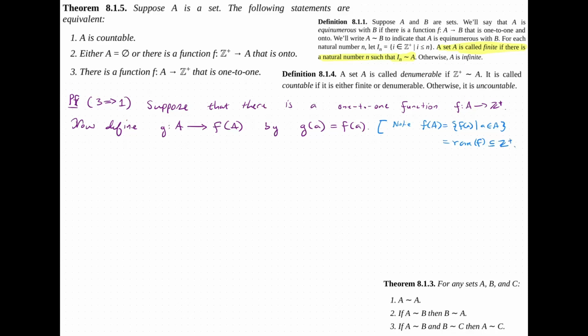So with that, we have our function g, then g is onto by construction, and g is 1 to 1 since f is.